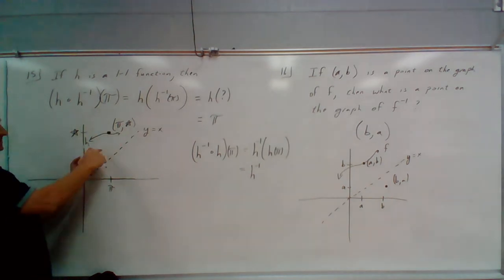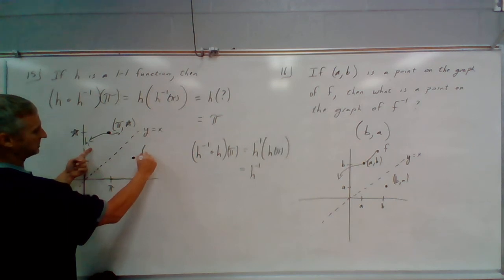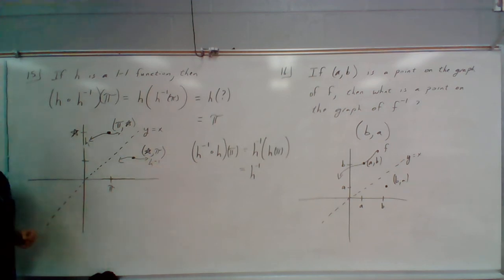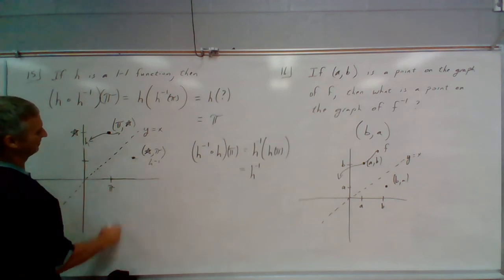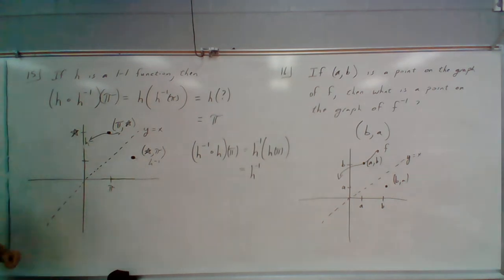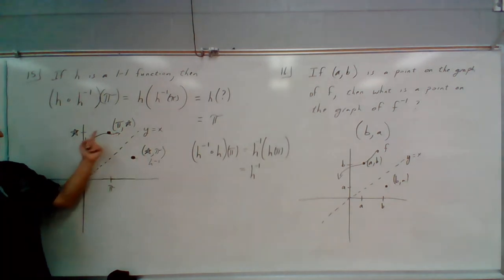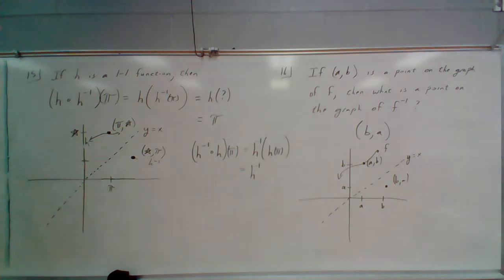If (pi, star) is on h, then (star, pi) is on h inverse. Let's just draw the point, don't worry about the graph.